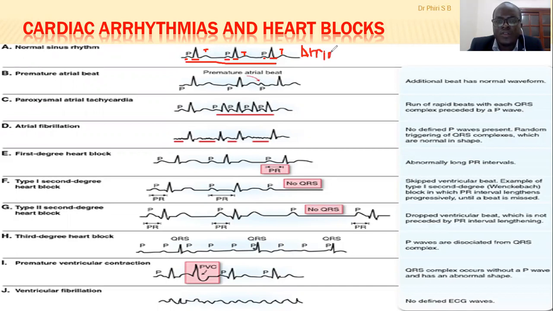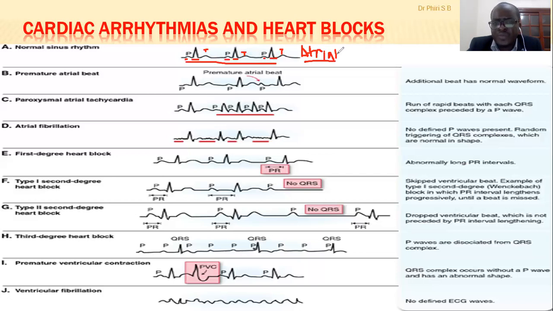You have atrial tachycardia, for instance, or cardiac arrhythmias. So the atria are the ones that are affected. So if the atria are affected, sometimes you can have atrial tachycardia, atrial flutter, atrial fibrillation.